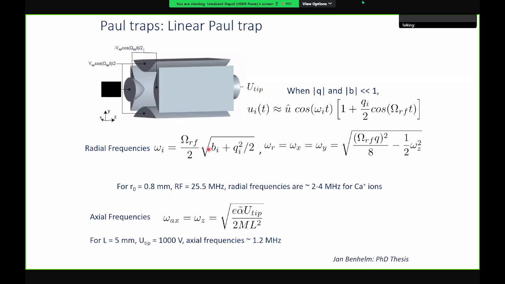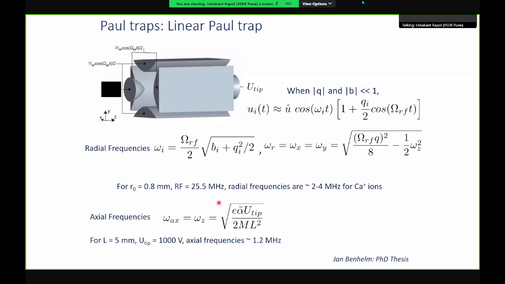Now, once you do the analysis and find out the equation of motion, you find out how the trajectory of the particle evolves with time. Then you get basically two sets of frequencies for the particle oscillating in the pseudo potential, that is along the radial direction and along the axial direction.